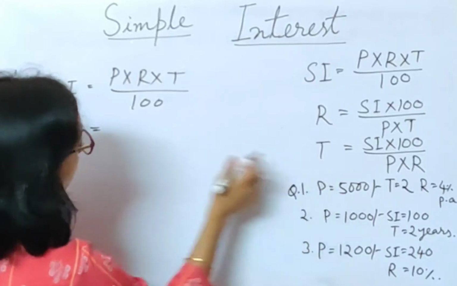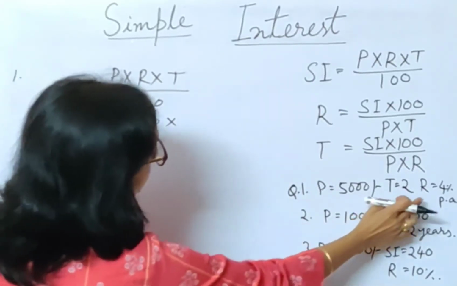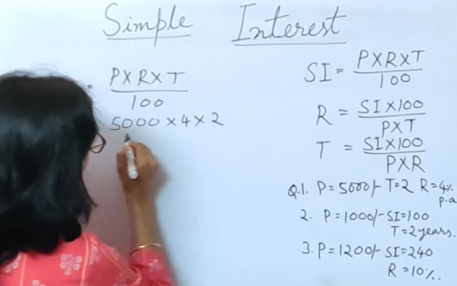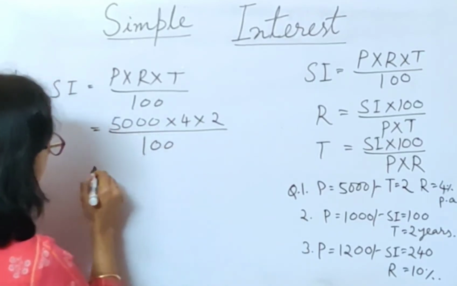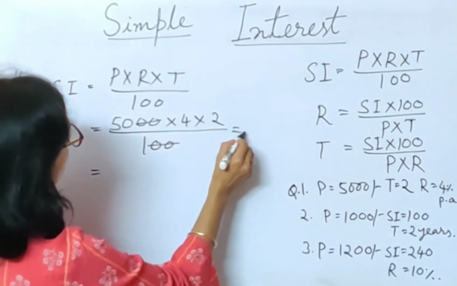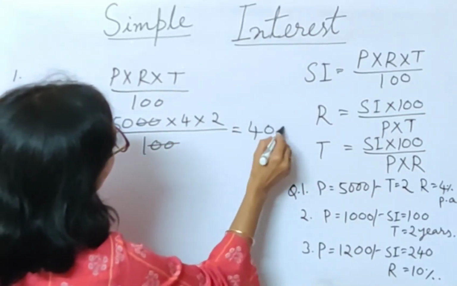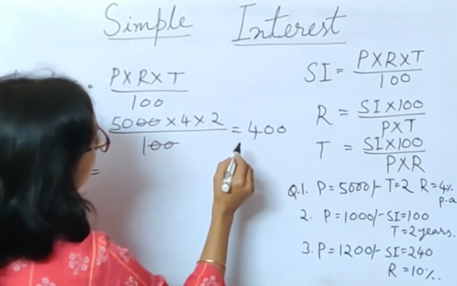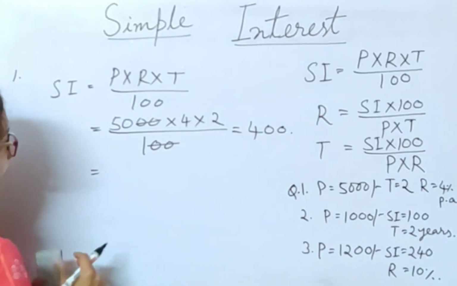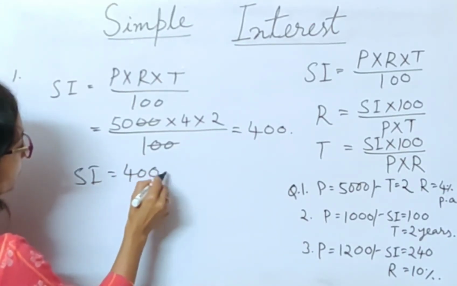Principal amount is 5,000, rate of interest is 4% and time is 2 years, and then we divide by 100. Now let us calculate. So simple interest becomes 400.